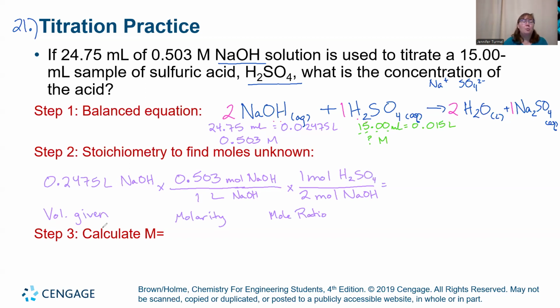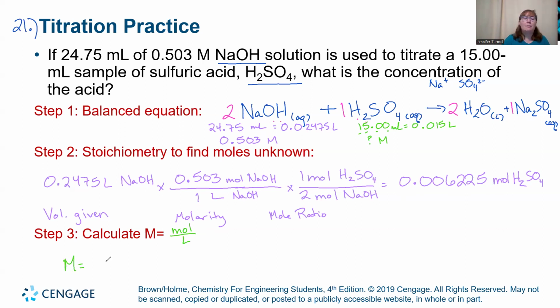Now I have 0.02475 times 0.503 divided by 2, which gives me 0.006225 moles of my unknown, my H2SO4. And now here at the bottom, I have calculate M. So again, calculating molarity. Molarity is moles per volume in liters.